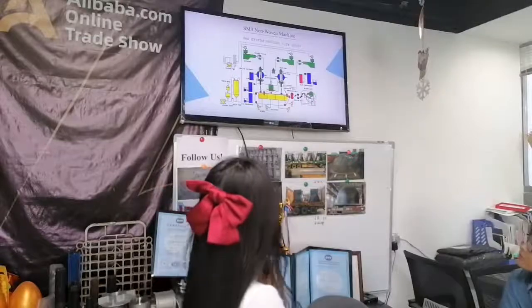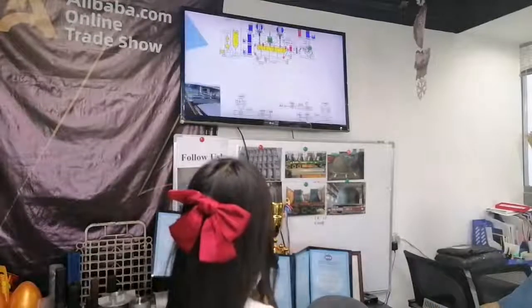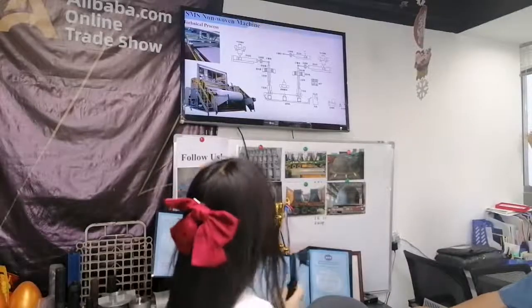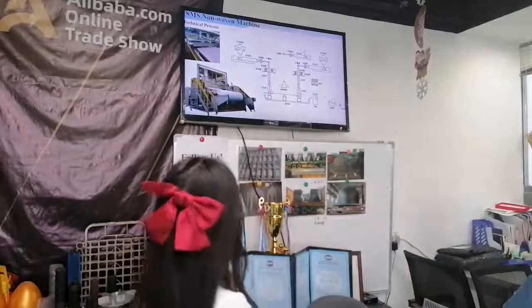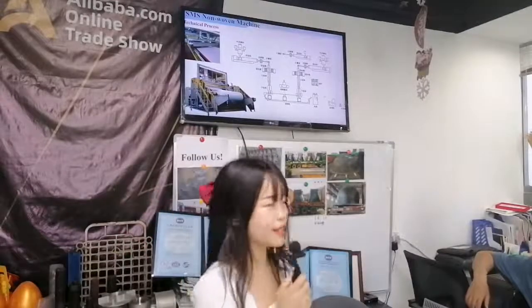This SMS non-woven machine technique process.